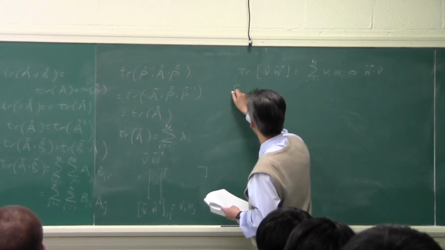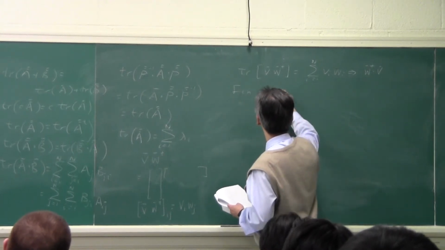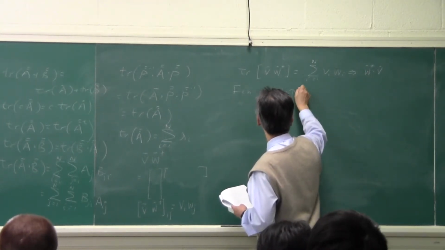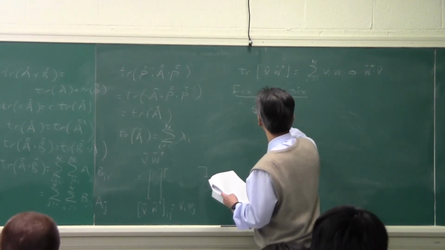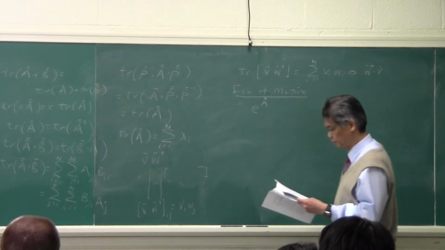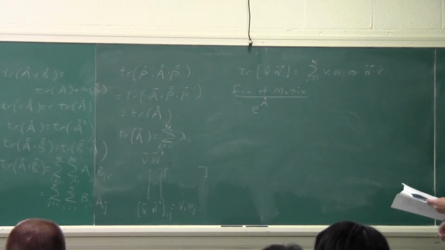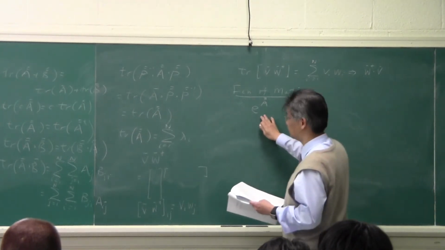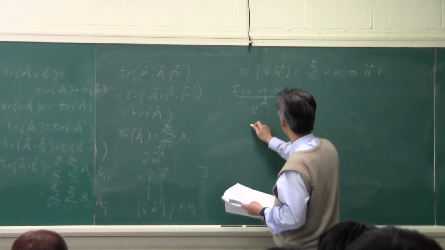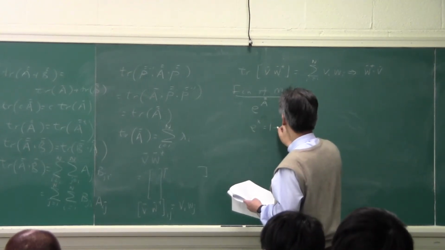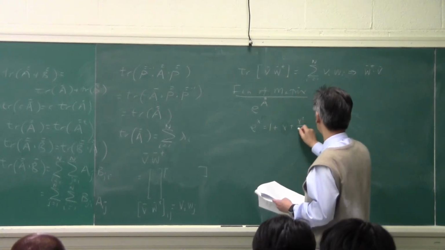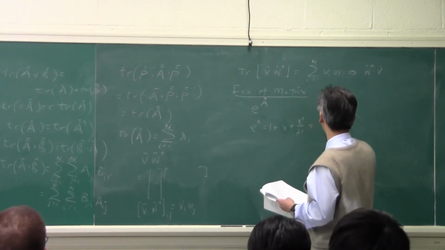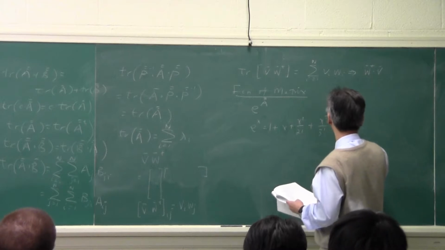Again, and then I'd like to talk about the function of a matrix. I talked a little bit about that, but let me just elaborate that again. If you have an exponential of a matrix, it has no meaning unless you expand this in terms of a polynomial. Okay, so we know that this has a polynomial expansion, 1 plus x plus x squared over 2 factorial plus x cubed over 3 factorial plus.